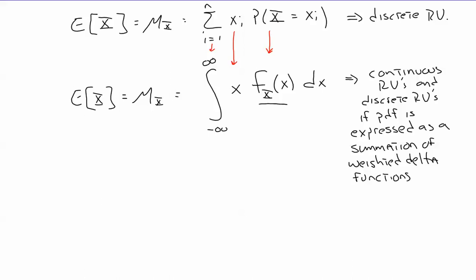When we first introduced the notion of probability density functions, and we looked at the probability density function for the random variable equal to the sum of spots up when I tossed 2 fair dice, we ended up with a PDF that was a summation of delta functions with a bunch of weighting values in front of it. In any event, this is the most general way for calculating the mean value of a random variable.